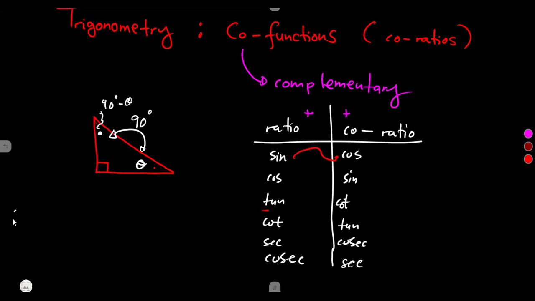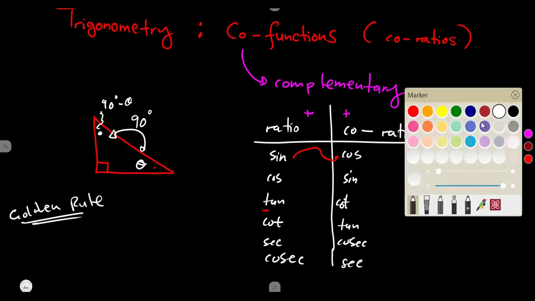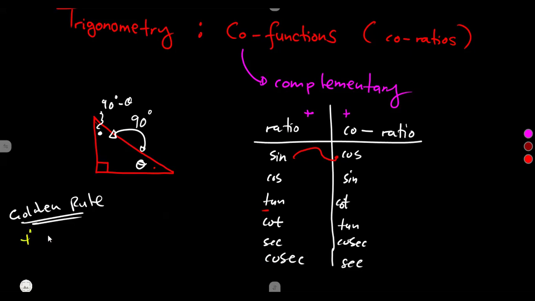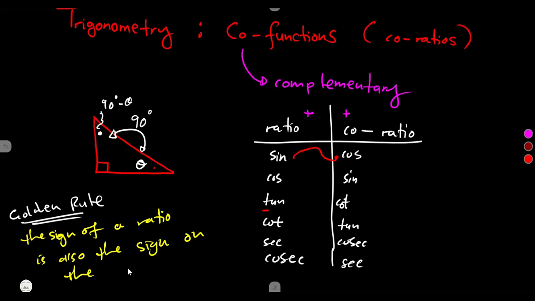So it must be our golden rule. I'm simply saying here that the sign of a ratio is also the sign on the co-ratio.